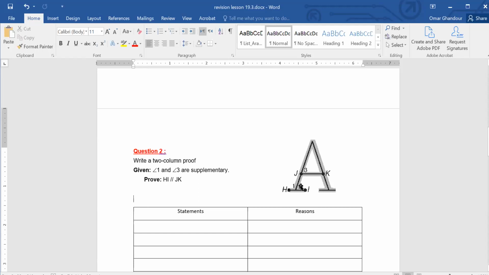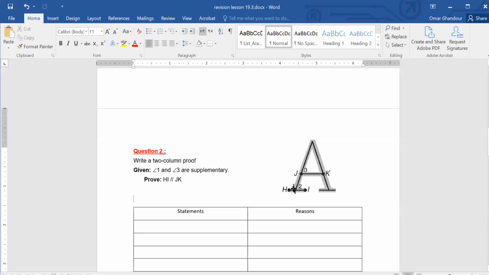Don't you think that we should prove that 2 and 3 together are what? Angle 2 and angle 3 together, they are corresponding, they form the letter F. So if I prove that angle 2 and angle 3 are equal, I will be able to say that these two lines are parallel using the converse of corresponding angle theorem.